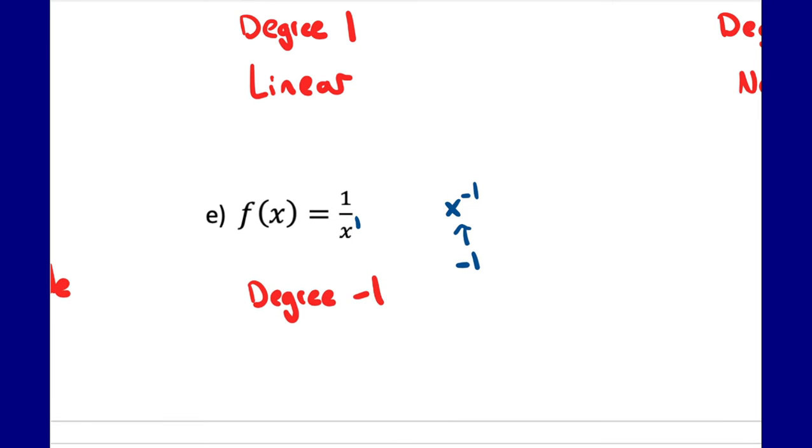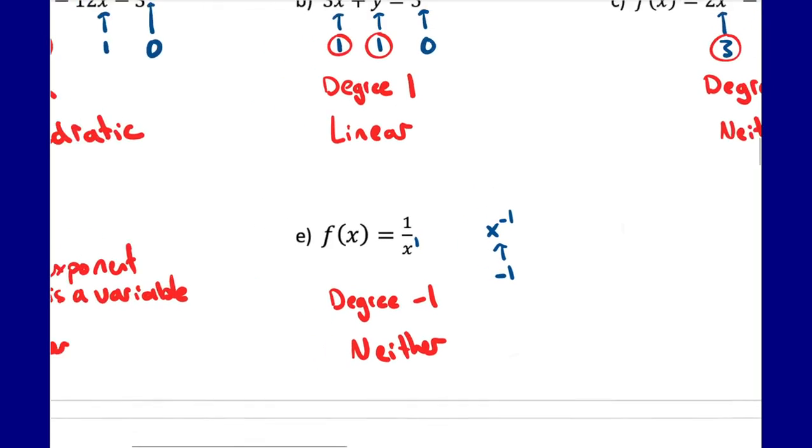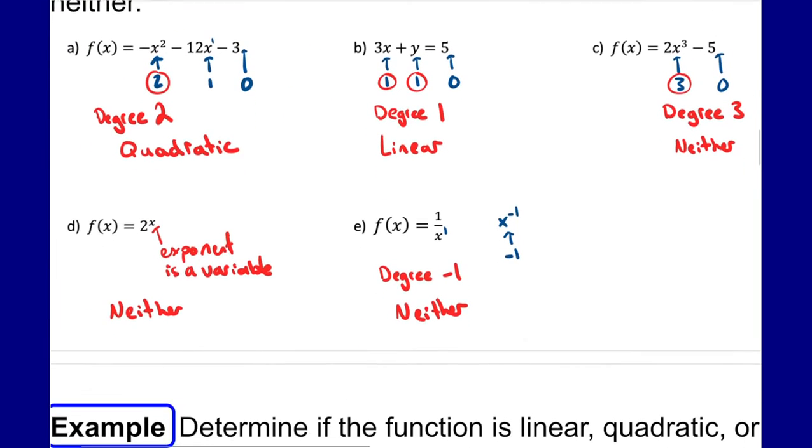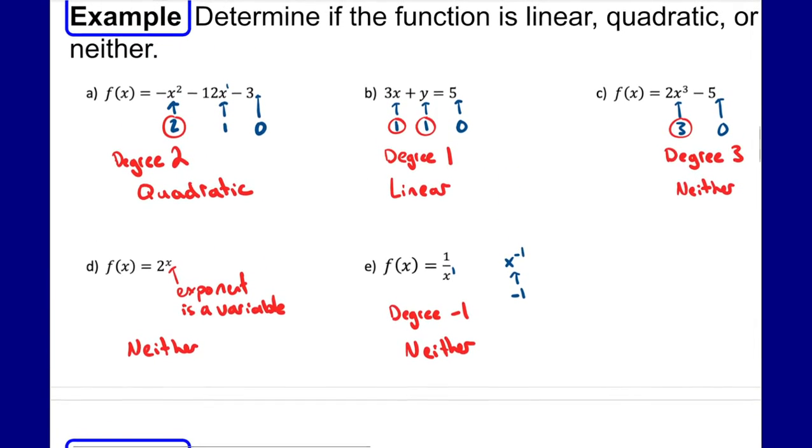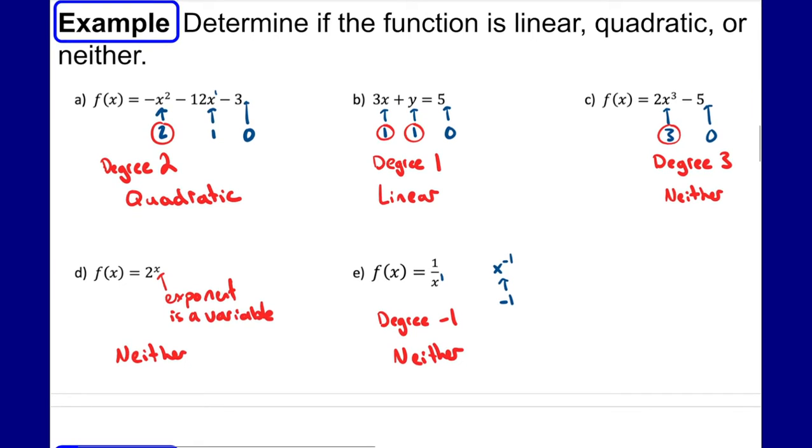Usually we don't talk about negatives in terms of degrees, so this would be neither as well. This is actually what we call an inverse function. So that's how we can tell if it's linear or quadratic, by looking at the equation or the function.